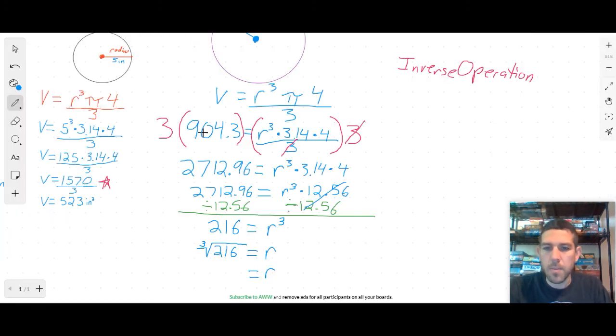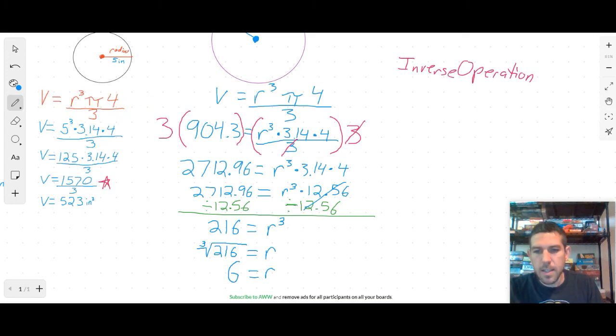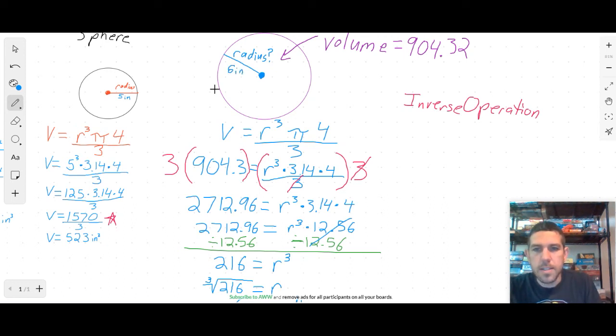So let's go back to our problem, and we've now figured out that the cube root of 216 is 6. That means that 6 is our radius, so back in our original problem, this radius is 6. And of course, you can always check it by plugging 6 back into the original formula and see if you get the volume of 904.32.